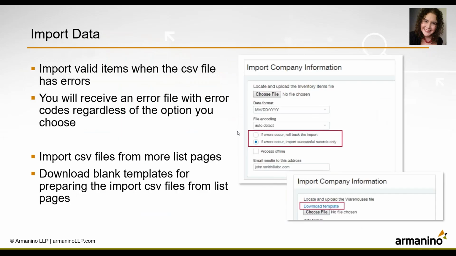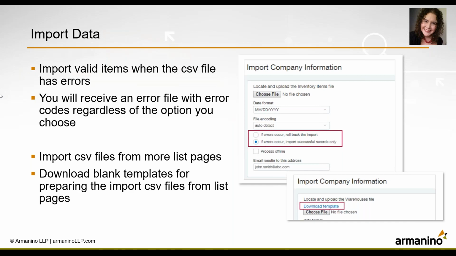Okay, and then the next update is related to importing data. This actually applies to people using more than just the inventory module. It will apply to anybody that's using items. So if you are using the purchasing or the order entry modules with non-inventory items, this also applies to you.